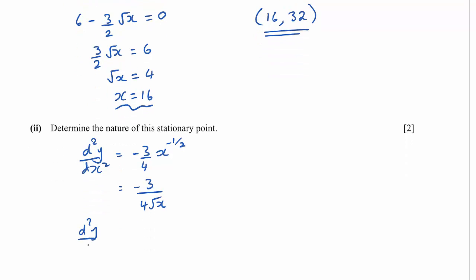And d2y dx squared evaluated when x equals 16 is negative 3 over 16, and that's negative, which implies that we have a local maximum.